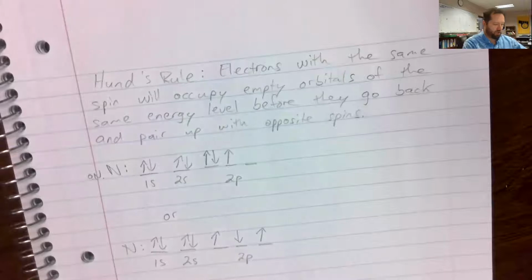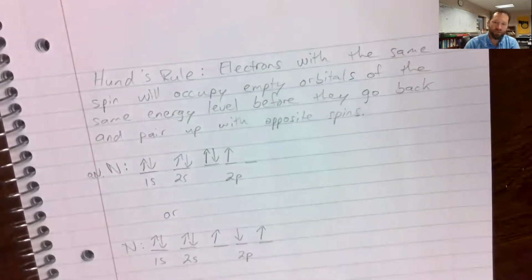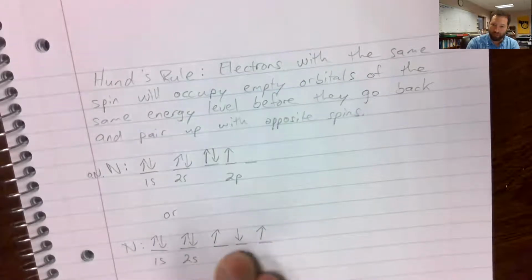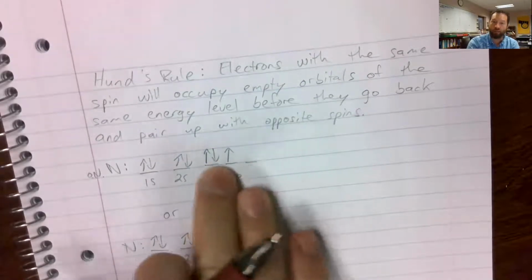And this is also a violation of Hund's rule. So those electrons must, first of all, occupy orbitals of the same energy.